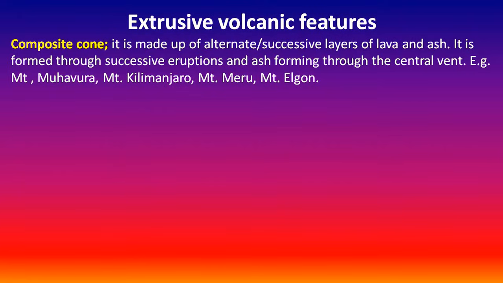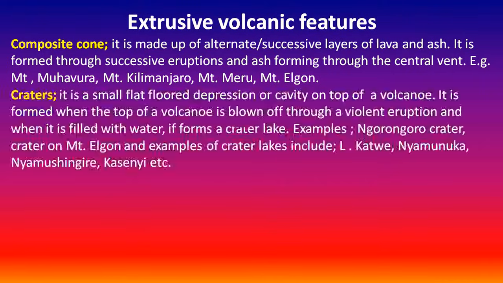So when eruption takes place for quite some time successively, the layers of magma coming onto each other are the ones that will form the composite cone. Examples of composite cone in East Africa, we have Mount Muhabura, Mount Kilimanjaro, Mount Meru, and then Mount Elgon.